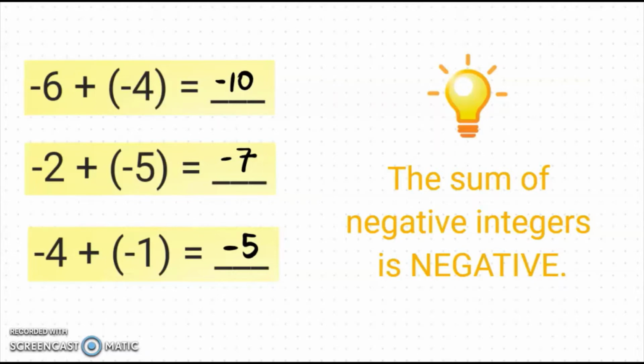And not only that, you just do the normal addition, right? Like negative 6 plus negative 4, we know that 6 and 4 is 10, right? And you just put a negative sign to the sum. Now, we're ready to apply this concept to bigger integers. Like if we have negative 3018 plus negative 27, we will just do normal addition and put a negative sign on our sum.